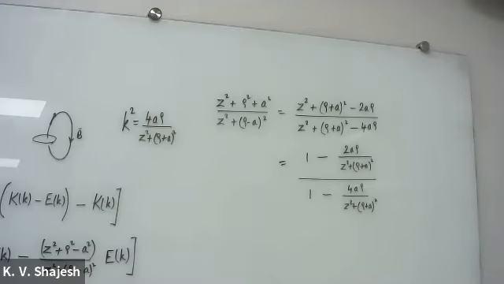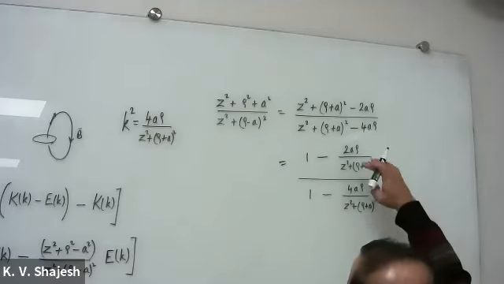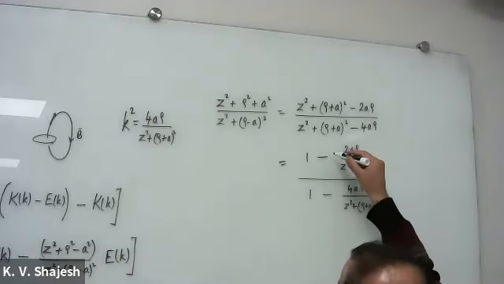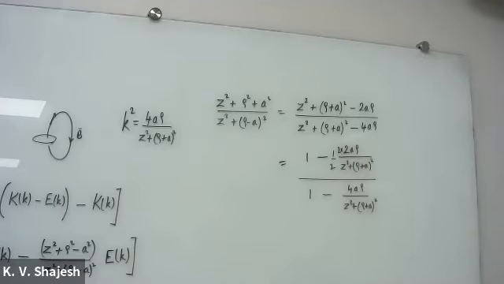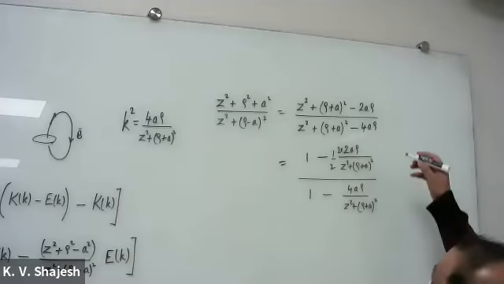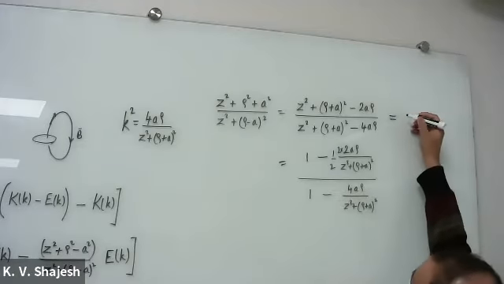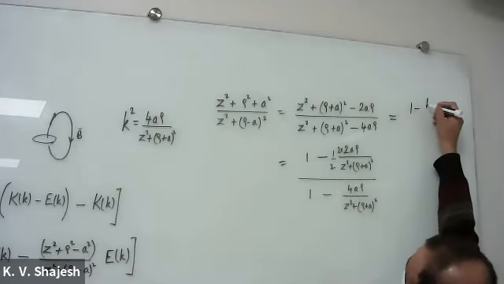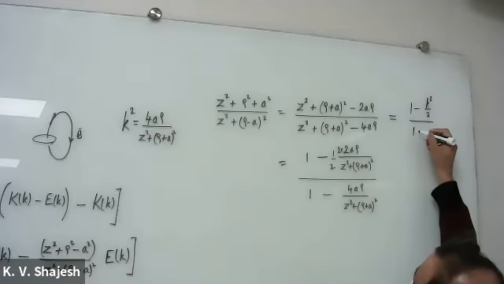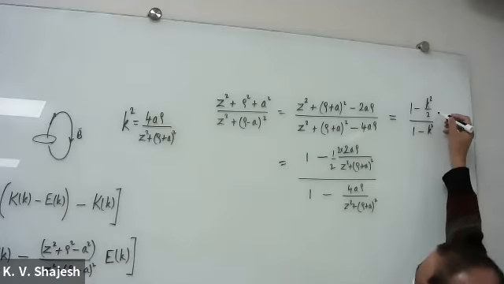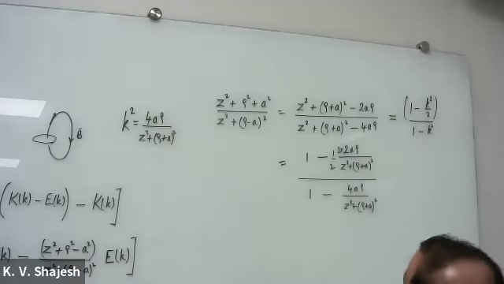Right, this is what we did last time. It was not very transparent at that time. But now what I can do is divide by 2 and multiply by 2. That way I get a 4a rho, that's a k square there. So what this is equal to is 1 minus k square over 2 divided by 1 minus k square. And let me keep it like that.